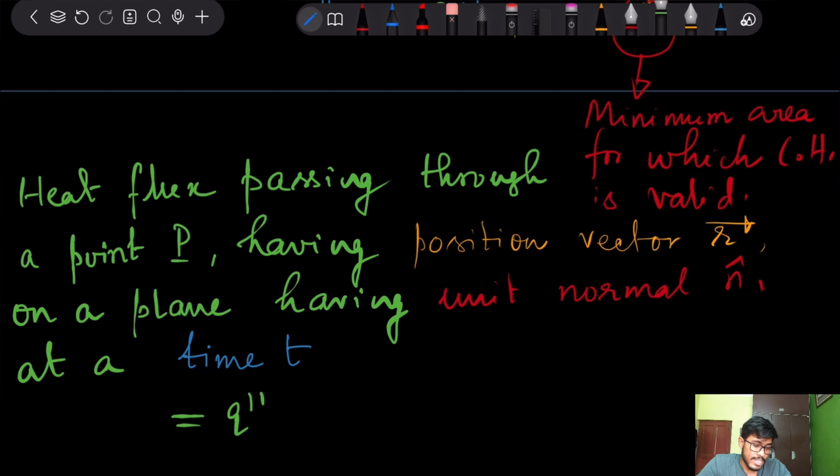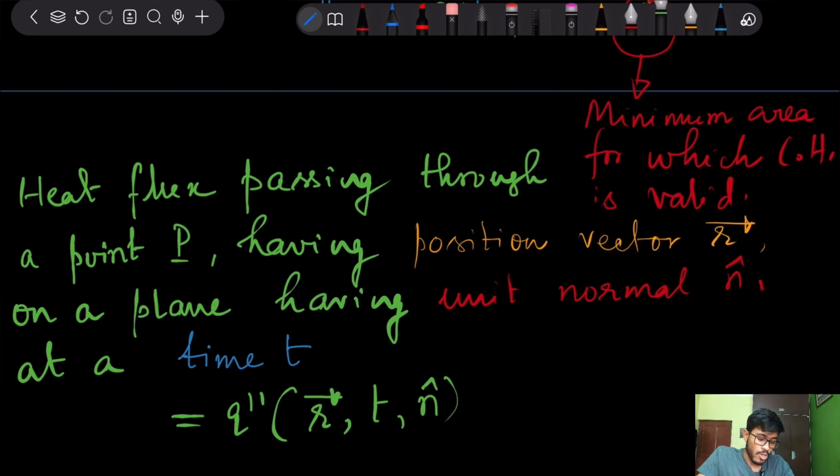So q double dash is a function of this position vector r. It is defined at a time t. It is also dependent on which surface you are considering, through which the heat flux is passing.